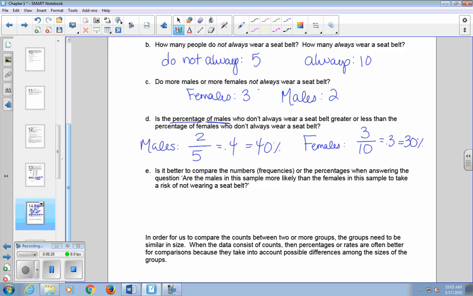So is it better to compare the numbers or frequencies, or is it better to use percentages when answering questions like, are the males in the sample more likely than females in this sample to take a risk of not wearing a seatbelt? And generally, percentages are better.